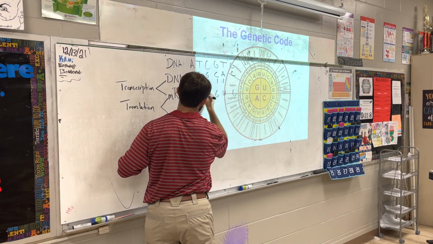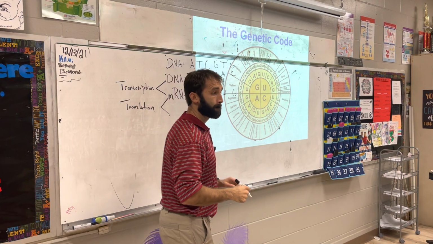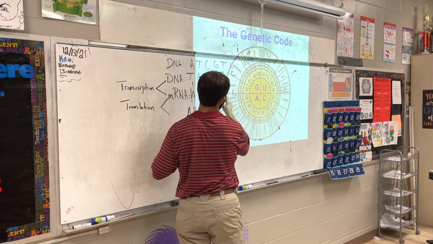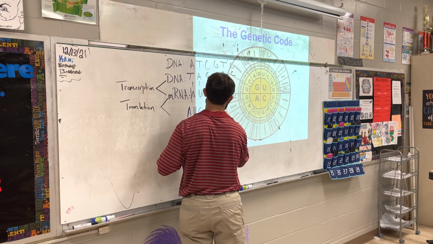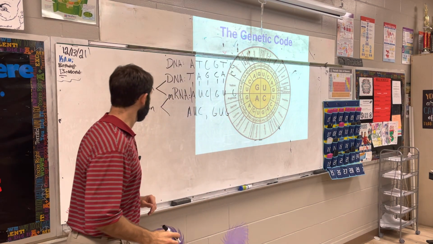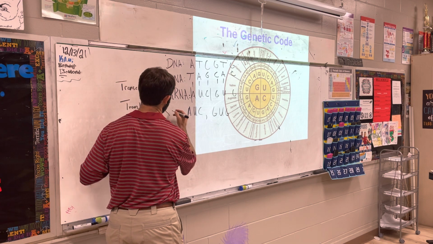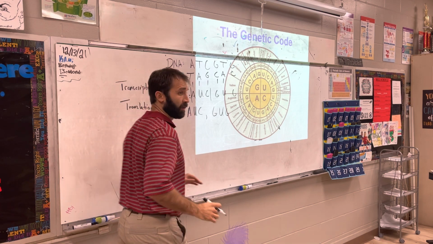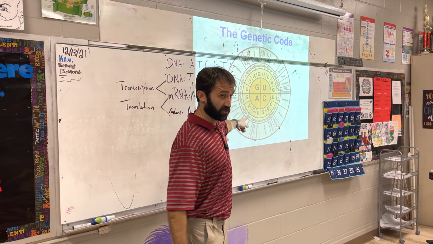AUC would be one, and the next codon would be GUG. So those are our two codons. C-O-D-O-N-S.